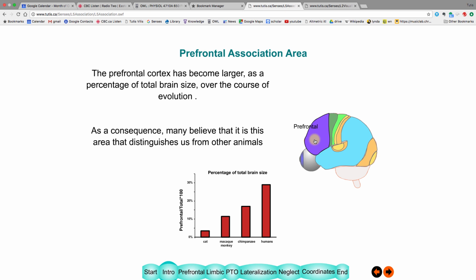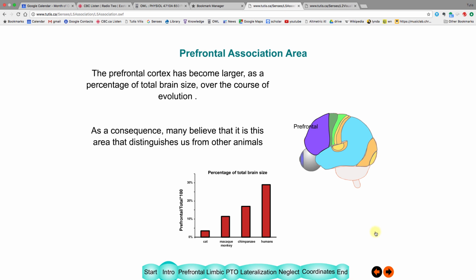They call us sapiens because of our wisdom. Sometimes one doubts that we are the wise species in this world, but that's what we are named. And you can see here how the frontal lobe as a percentage of the total brain has increased in humans.